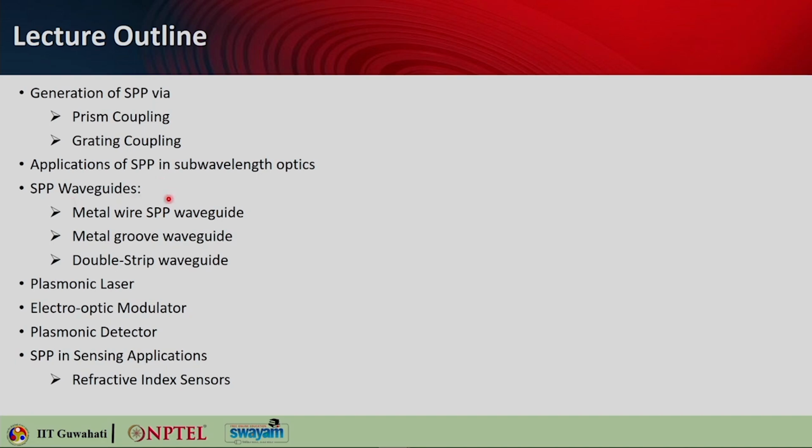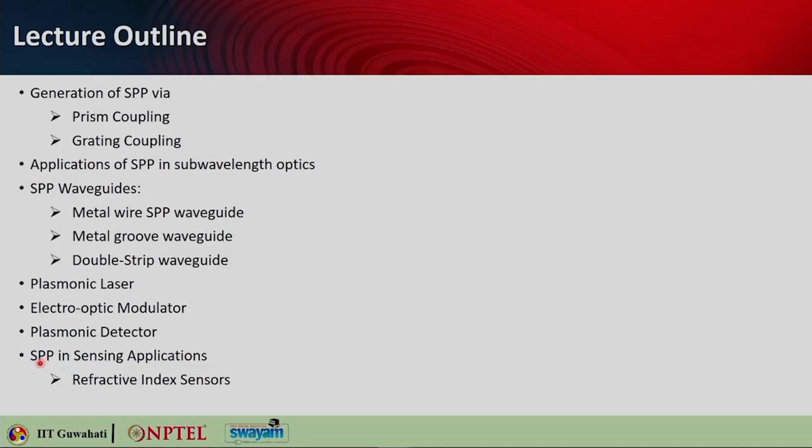We will look into SPP waveguides like metal wire SPP waveguide, metal groove waveguide and double strip waveguide. These are the different applications. We will also look into plasmonic laser, electro-optic modulator, plasmonic detector and application of SPP in sensing applications such as refractive index sensors.